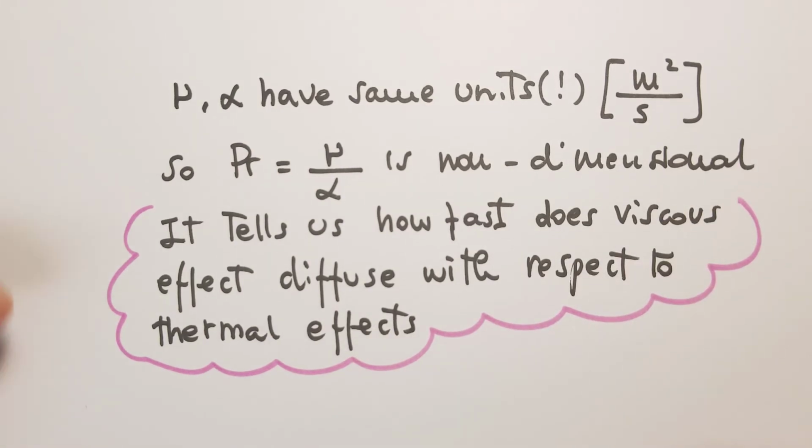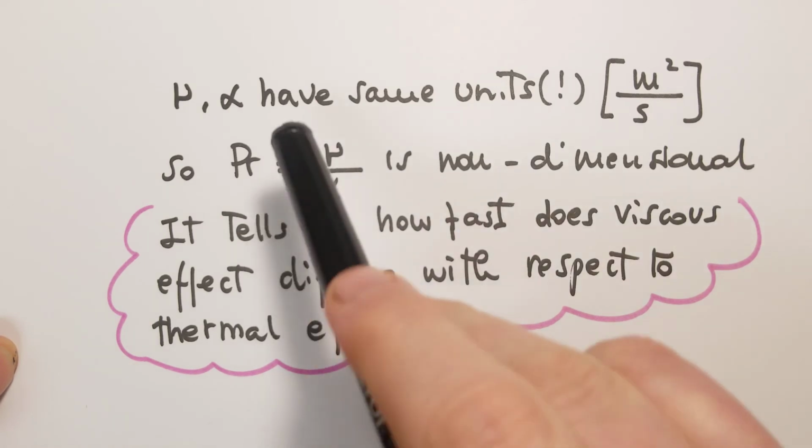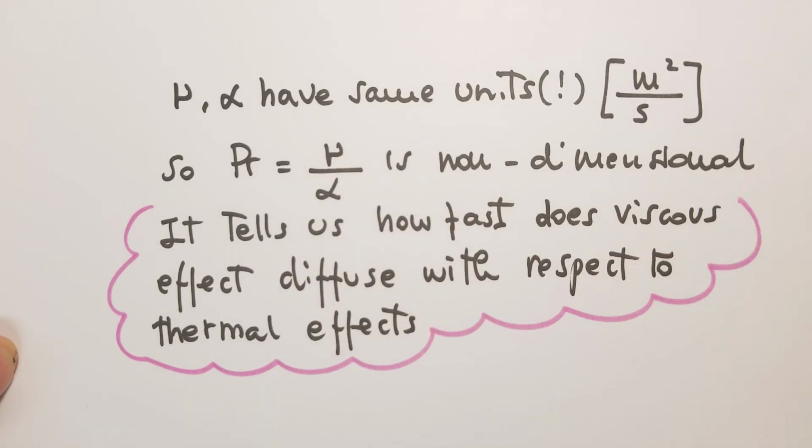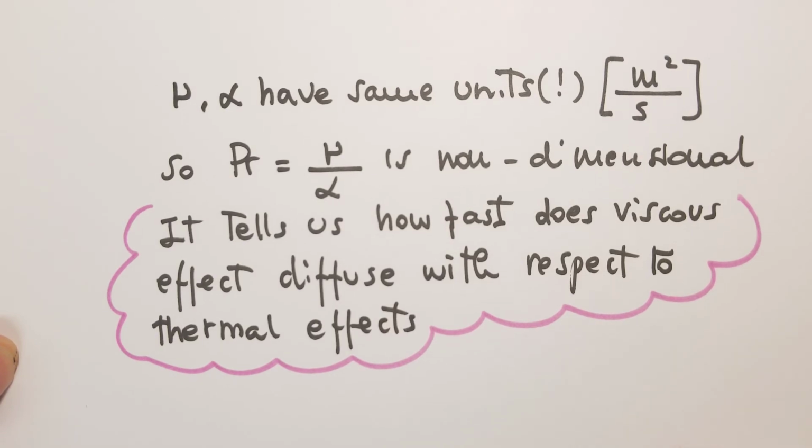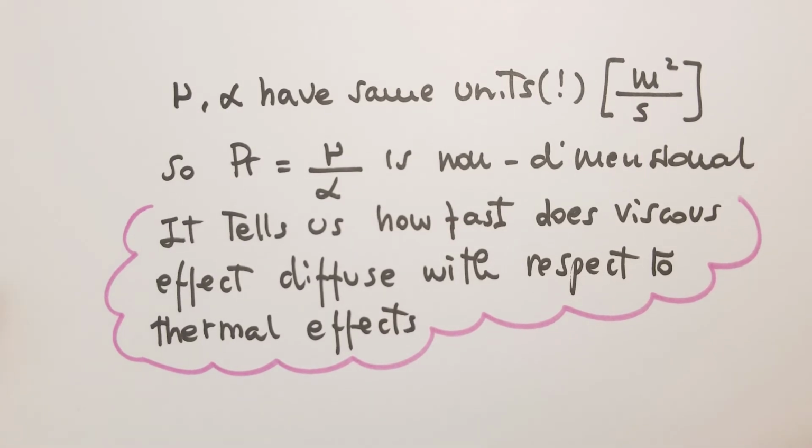So it tells us how fast viscous effects diffuse with respect to thermal effects. This is true also for flow over flat plates. So although the Prandtl number is of course related to properties of the fluid, it tells us a lot about the convection, and we will study this more in the next lessons.